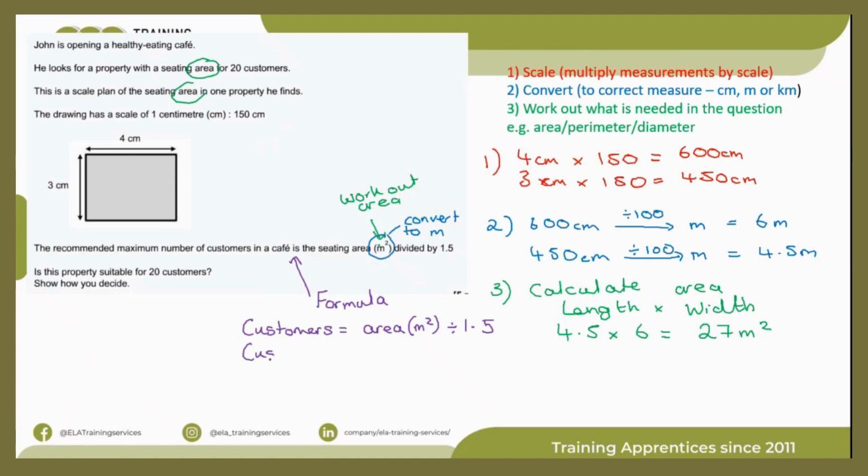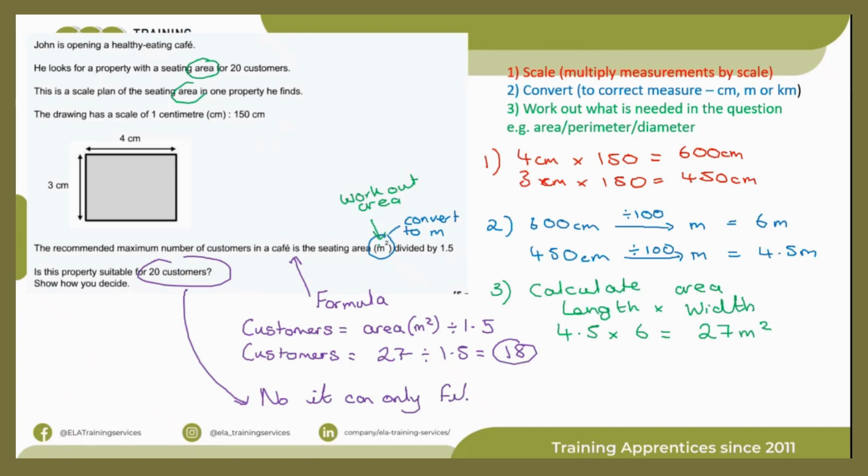So we're going to do customers equals 27 divided by 1.5, and that gives us 18. So is the property suitable for 20 customers? No, it can only fit 18. And that is our scale drawings.